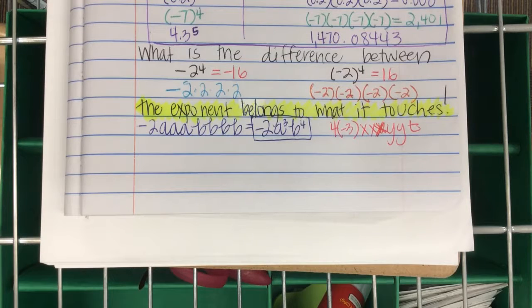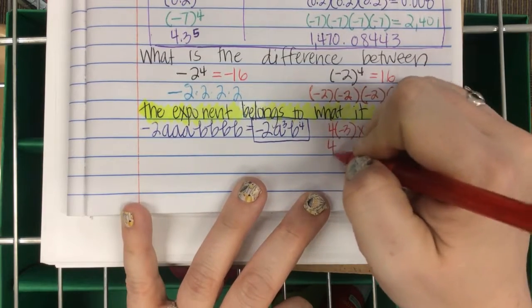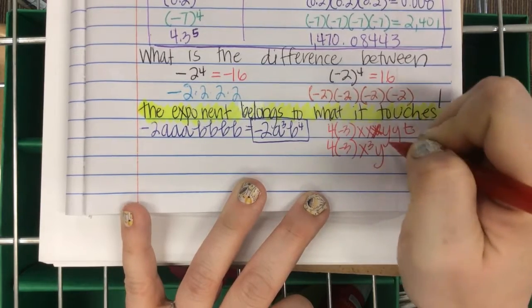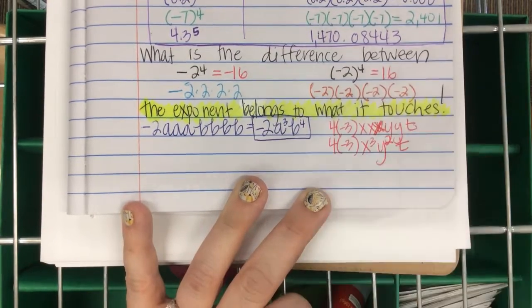It's really big right now. How can I make it smaller? How can I make it easier to write, Refugio? You can do negative 12 and x, what is that, 3? X to the third, y squared, and t.